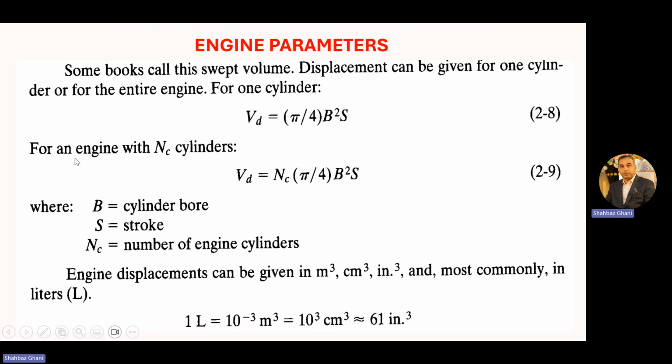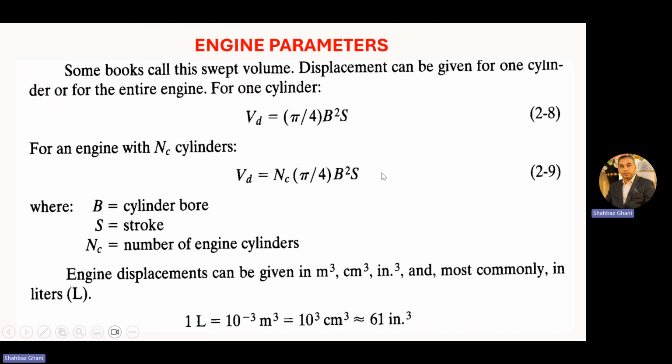Now for the entire engine, when you have a different number of cylinders, NC, if you have a 2-cylinder, 3-cylinder, 4-cylinder, that will be the displacement volume of the complete engine. So VD is equal to NC pi by 4 bore square into stroke.